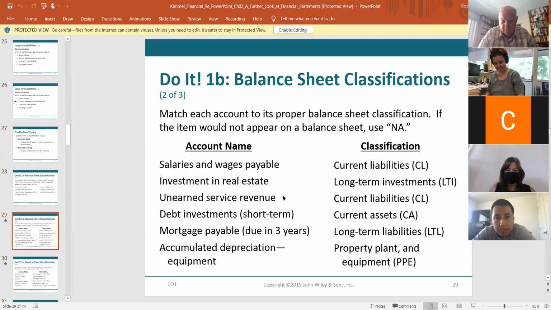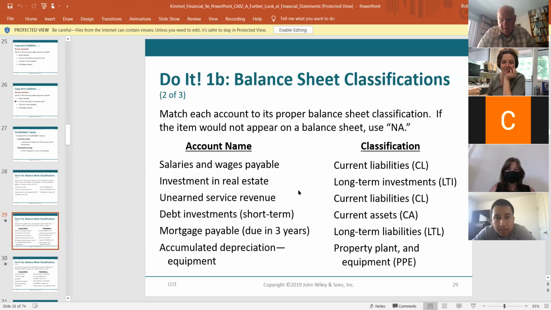Unearned service revenue. I'm chuckling because they didn't even explain what this is to you yet. They're showing it to you. Unearned service revenue, current liabilities. Unearned revenue is kind of interesting. I'm a big sports fan, as you may or may not know. I send my check to the Dodgers for season tickets. I send it in January. It costs me $12,000 for one good seat for the whole season, right?